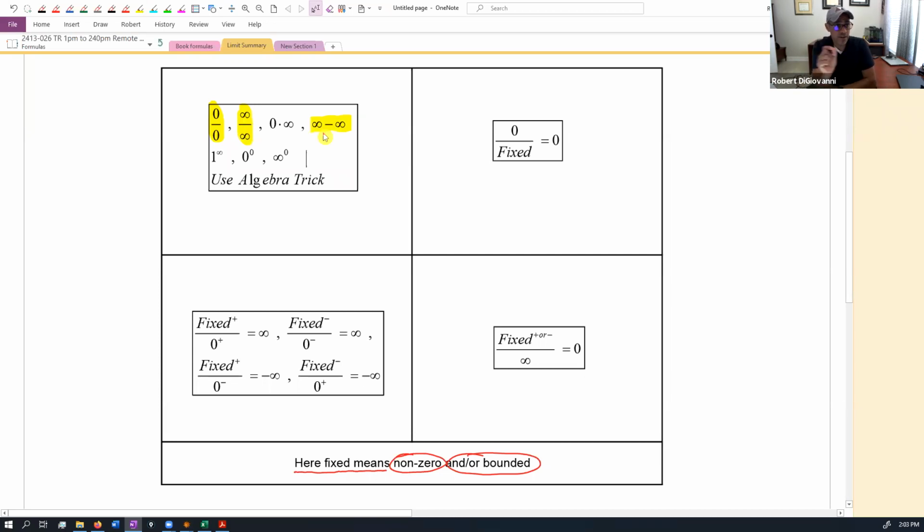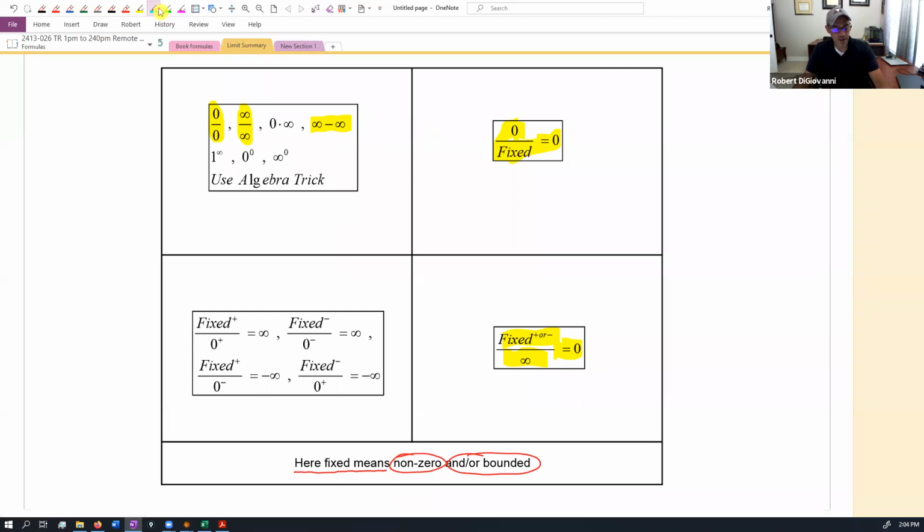And we have talked about fixed over infinity being 0. Those we've covered. The top right one shouldn't require any thought from us. If we take a limit and the top heads to 0 and the bottom goes to a fixed number, our answer is 0. So everything in yellow we should be somewhat comfortable with.